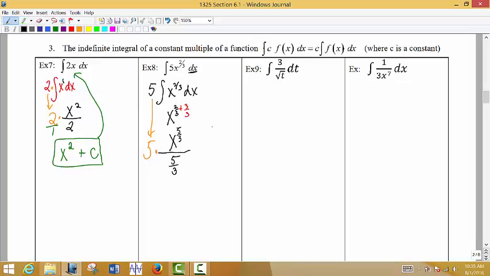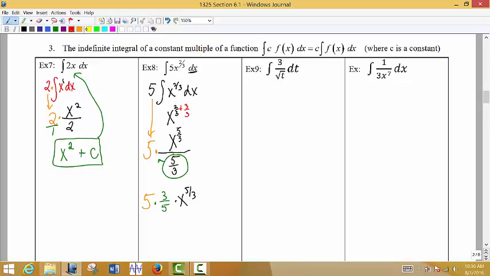I'm going to write this a little bit differently. Anytime that I'm dividing by a fraction, I want to flip that fraction and multiply. So what I really have then is 5 times 3/5 times x to the 5/3 power.